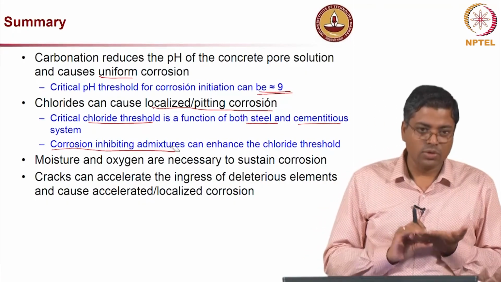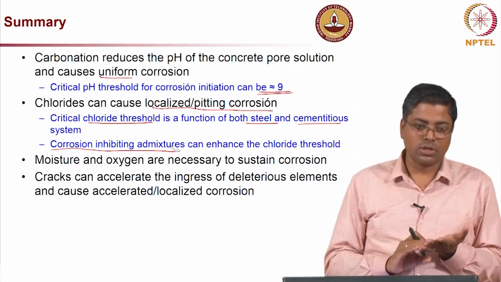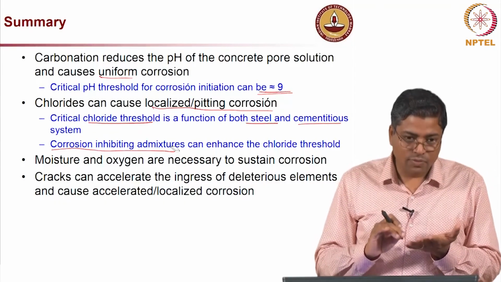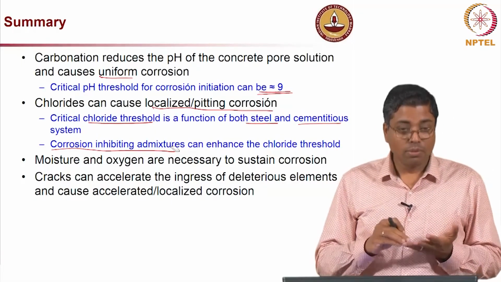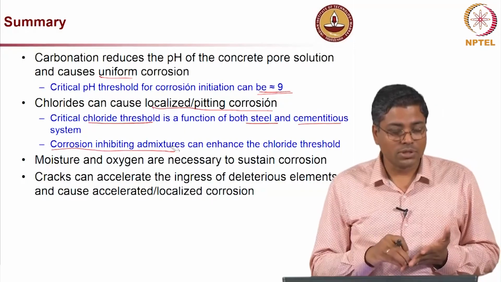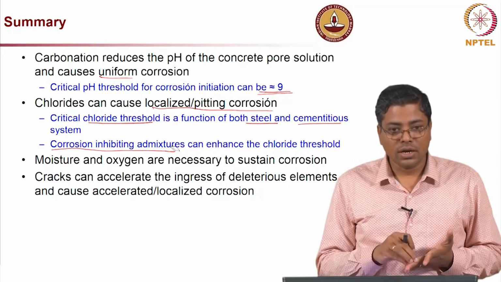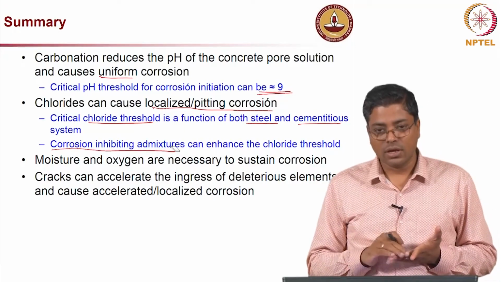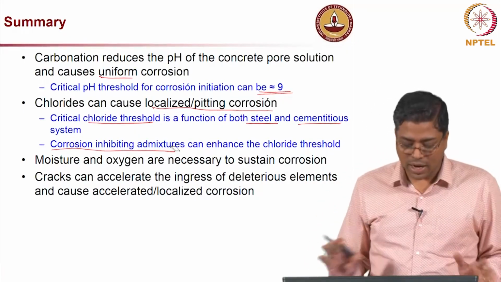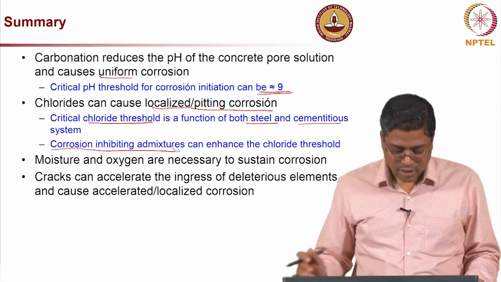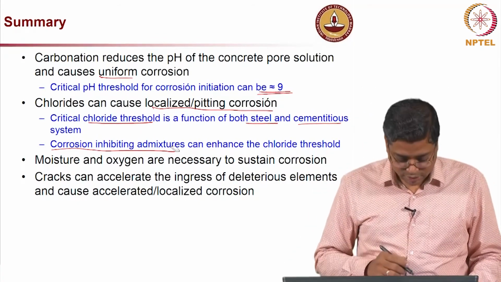For example, if you are using a corrosion inhibitor, you should ensure that its influence on corrosion resistance is positive, but it should not influence the compressive strength or the transport parameters of the concrete, or in other words, even if it is influencing, we should take adequate measures during the design process itself.